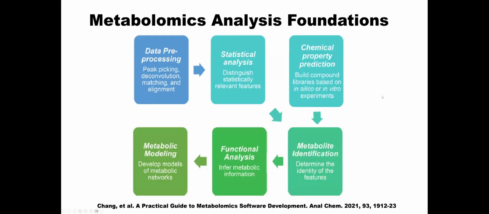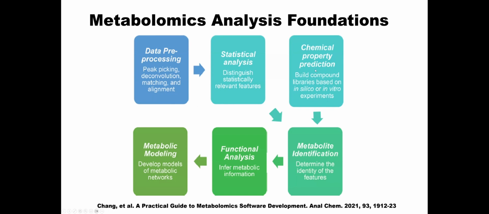Next, I want to walk you through the power of analysis tools that we offer in the Metabolomics Workbench. If you're a newcomer to metabolomics and you bring your data, you can do data pre-processing in terms of peak picking, deconvolution, matching and alignment, as I showed you. You can do statistical analysis.